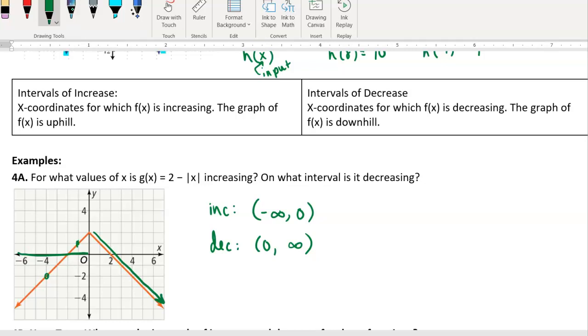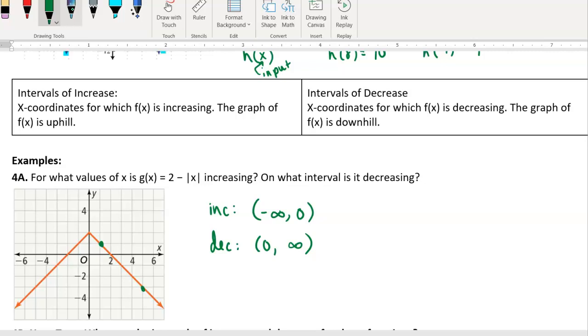Now after 0, if I pick a point for x like positive 1, when x is 1, y is 1. When x is 5, y is at negative 3. So as x increased from 1 to 5, the y values decreased from 1 to negative 3.